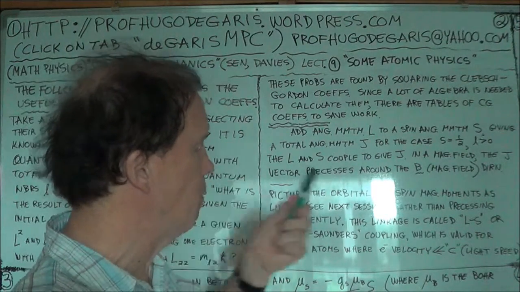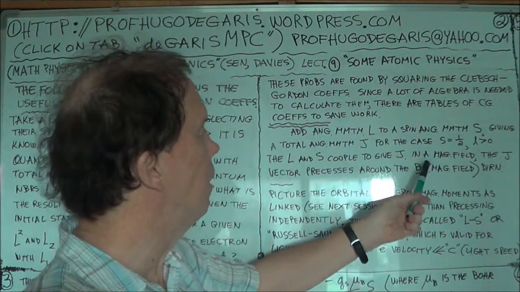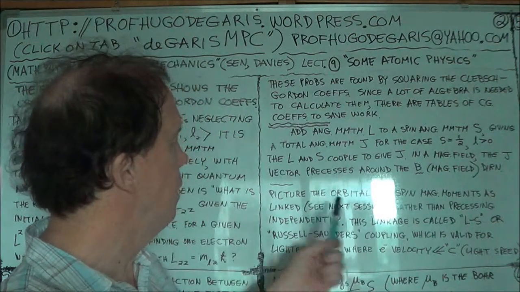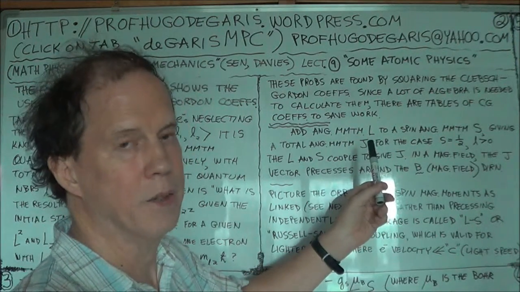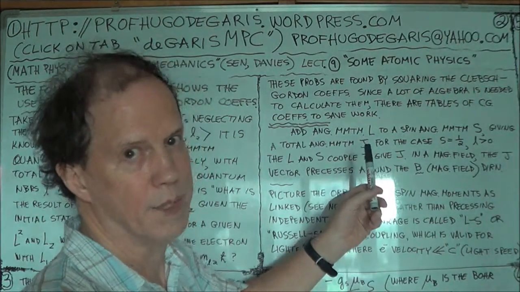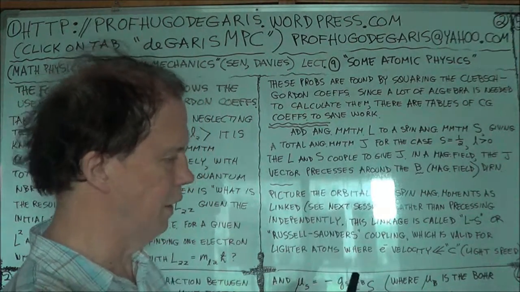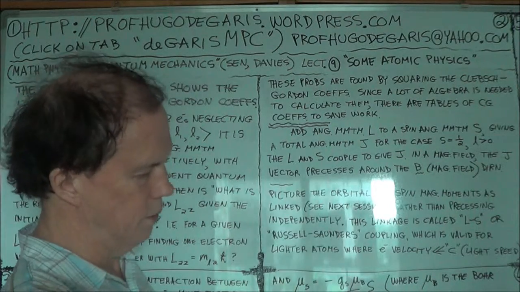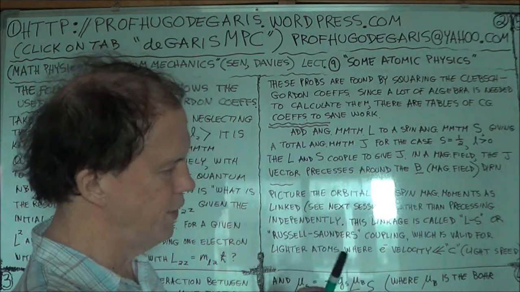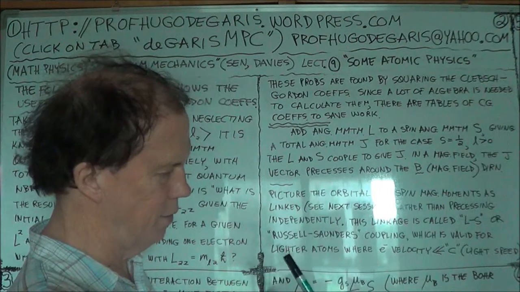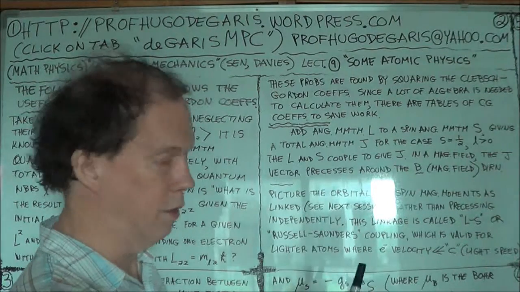Now, if you put the atom in a magnetic field, then J, remember J hat equals, in this case, L hat plus S hat. Think of J as a vector, and imagine the magnetic field direction is vertical, then that J will precess around the orientation of the magnetic field.